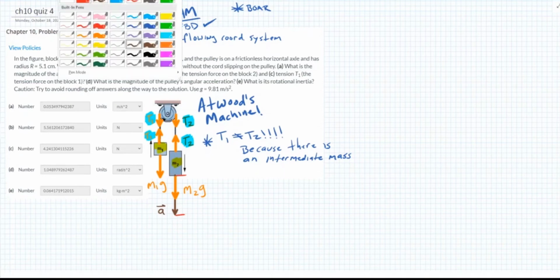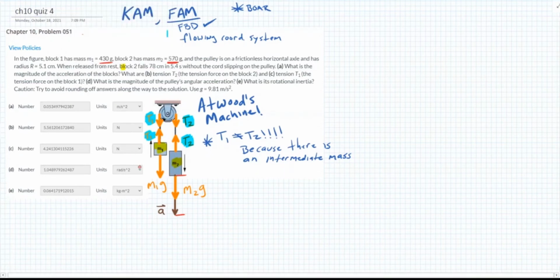Let's just flow with it like that. Okay, so flowing, I'm flowing with all. There's three masses here. So this is a 3-mass problem. This is a 3-body problem.